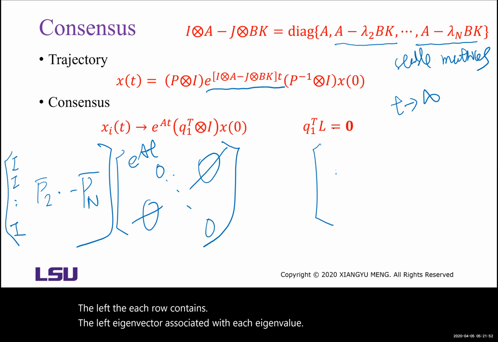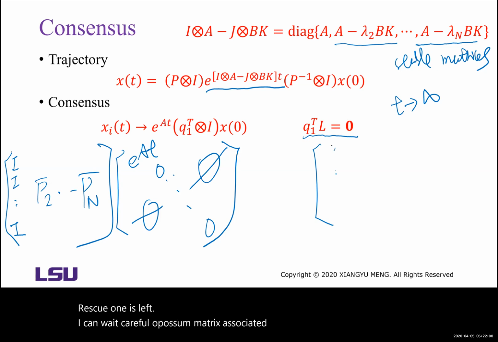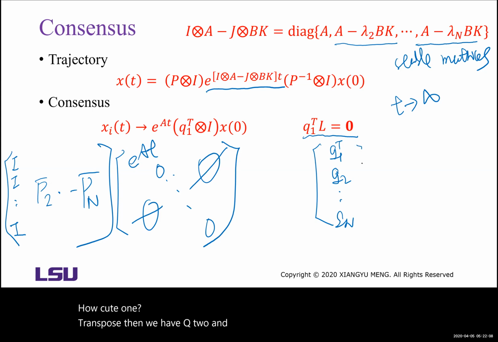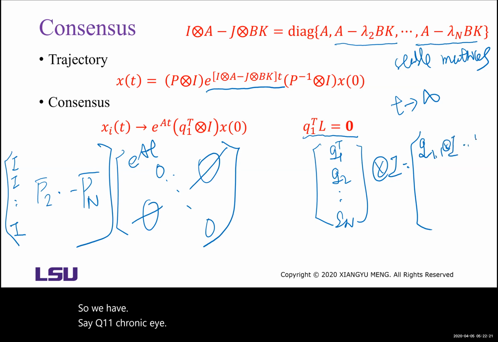So Q1 is the left eigenvector of the Laplacian matrix associated with the 0 eigenvalue. We have Q1 transpose, then we have Q2 until Qn. So it's Kronecker I. So we have Q11 Kronecker I, then Q1n Kronecker I, then Q2 until Qn Kronecker I.